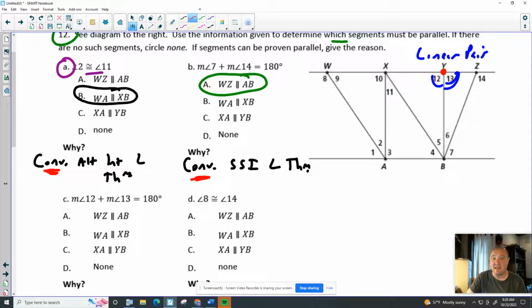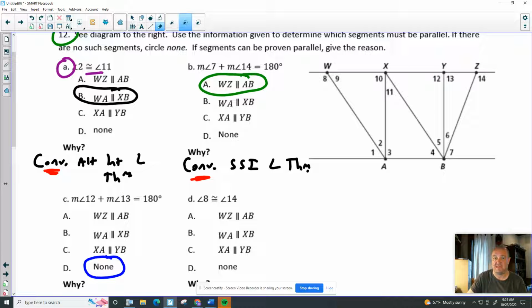And in fact, you can imagine stretching out some of these things and making any of these segments not parallel. So right off the bat, once I see that this is a linear pair and not same side interior or same side exterior or alternate interior or corresponding or any of those, I immediately know this is going to be none. You cannot prove lines parallel with a linear pair. It just doesn't work.